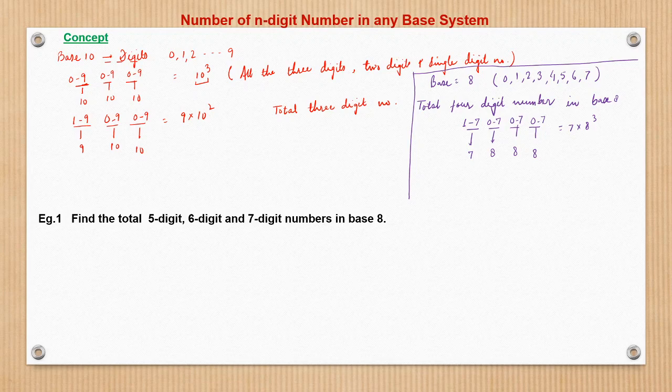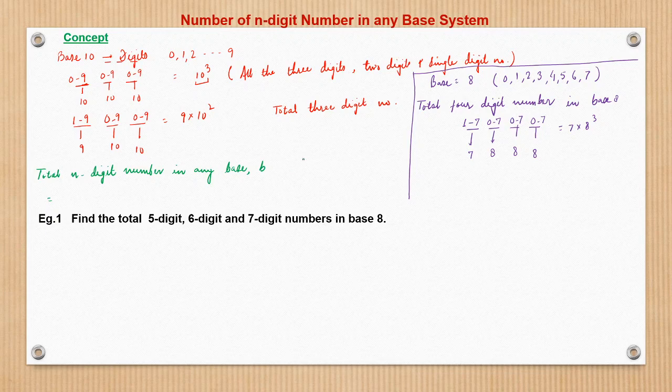Now we can generalize this. The total number of n-digit numbers in any base b would be given by the following. See what would happen if the base is b.